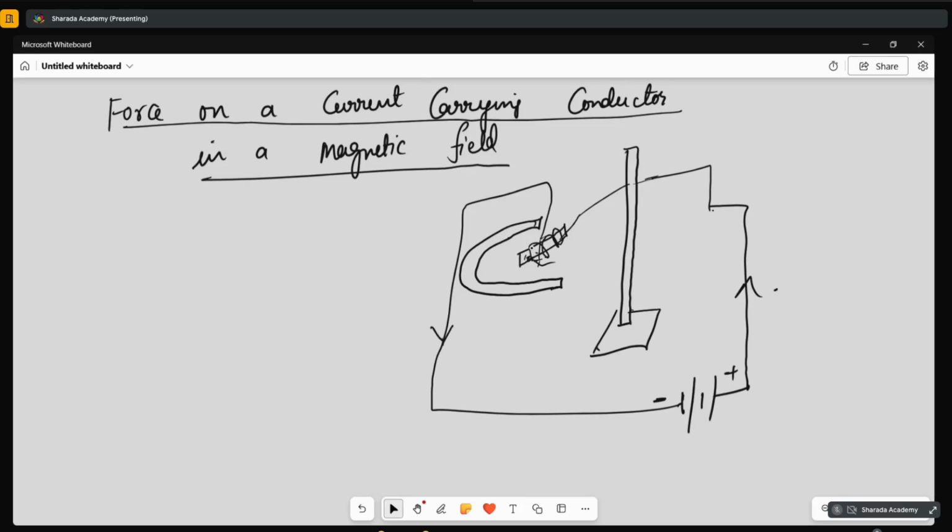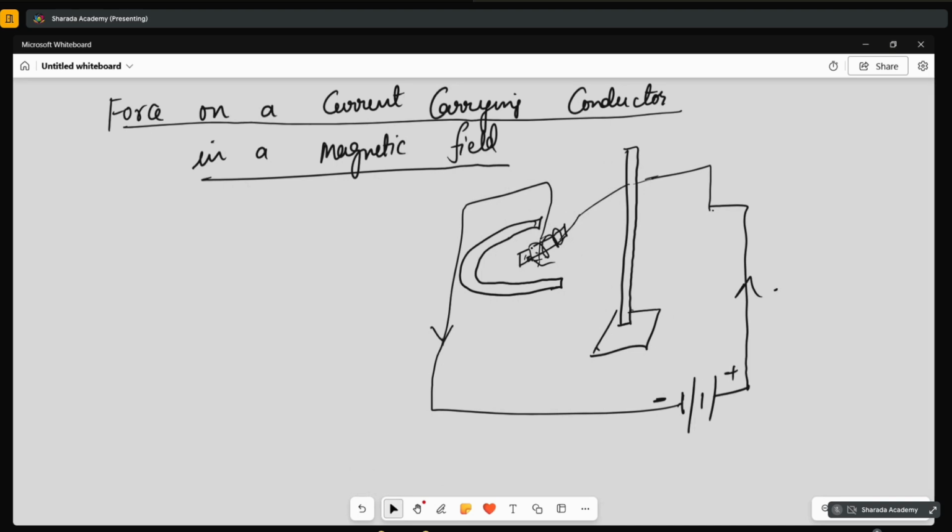A current carrying conductor is placed in a magnetic field, then it experiences a force.